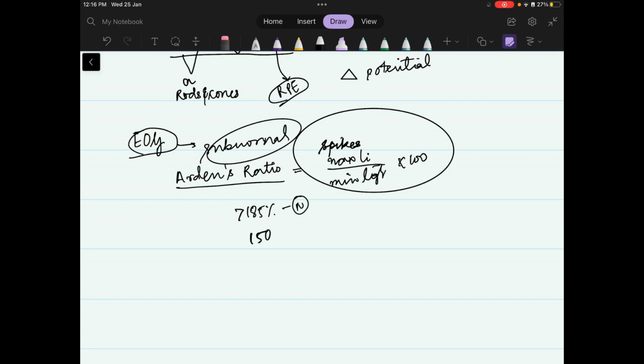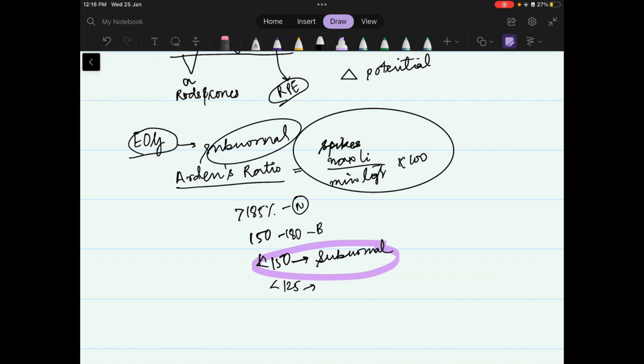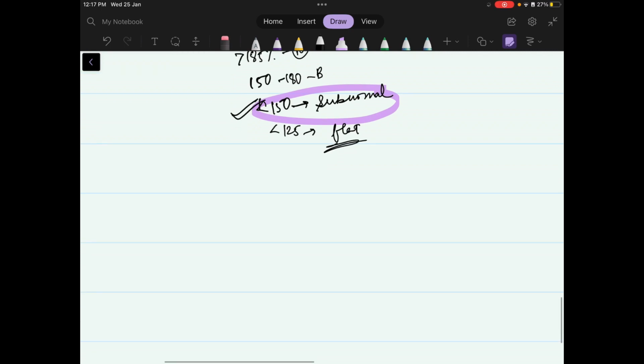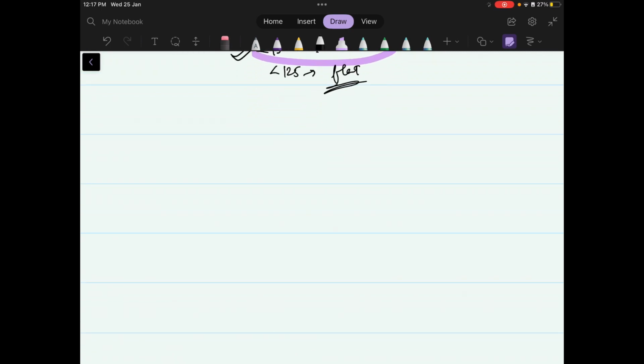If it is between 150 and 180, it is borderline. If it is less than 150, it is subnormal, which is seen in retinitis pigmentosa, and if it is less than 125, it is flat. So less than 150 is the finding of EOG seen in retinitis pigmentosa.